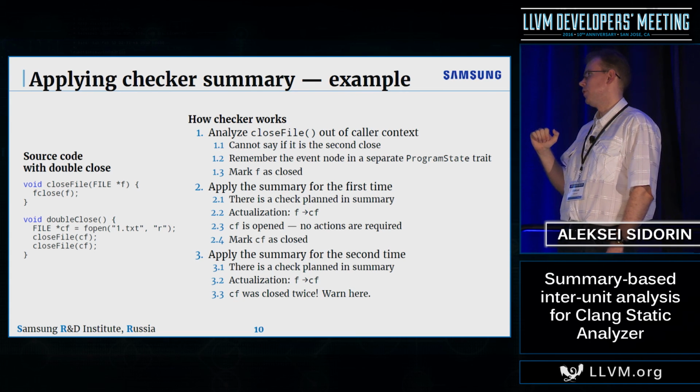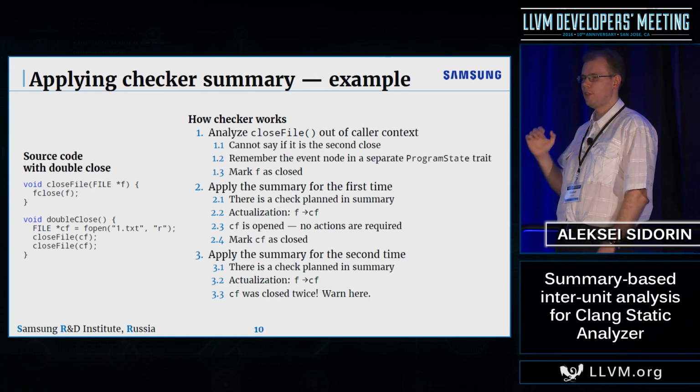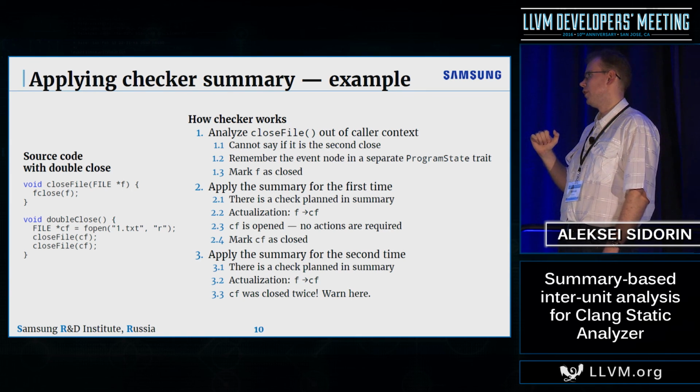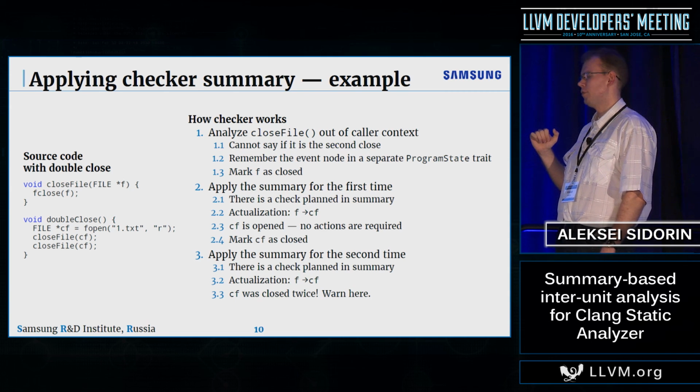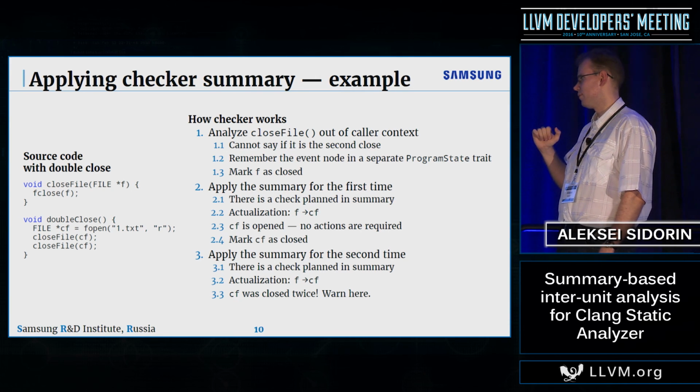Now we don't know if the file f was opened or closed during the analysis because the function is analyzed out of context. So we plan a recheck to be done after the analysis is done and the summary is applied. Also, we set the state of descriptor f to closed.